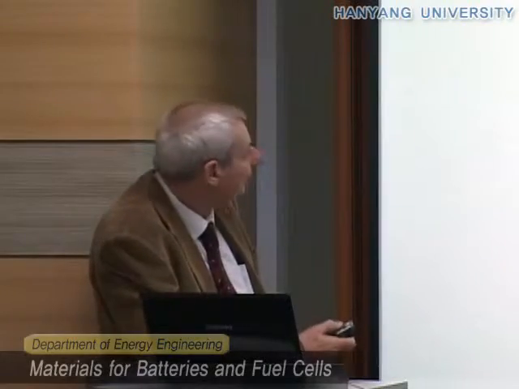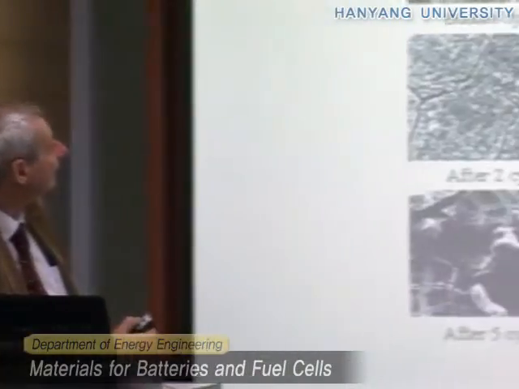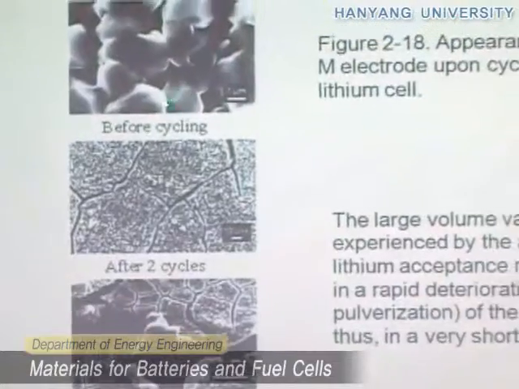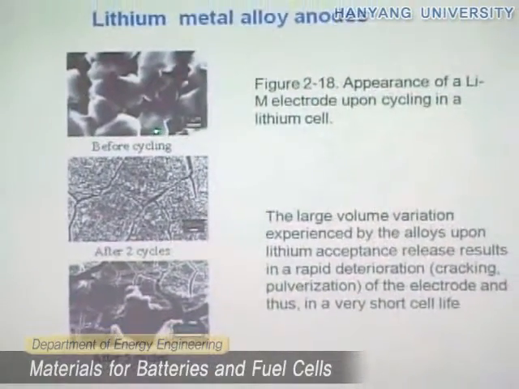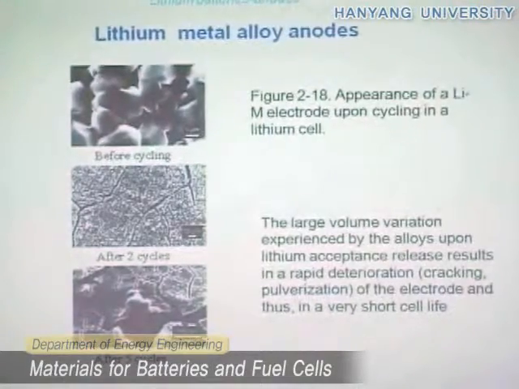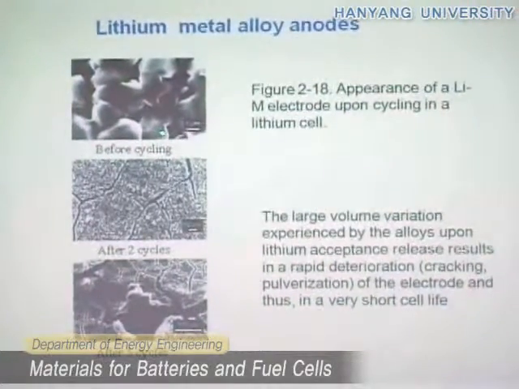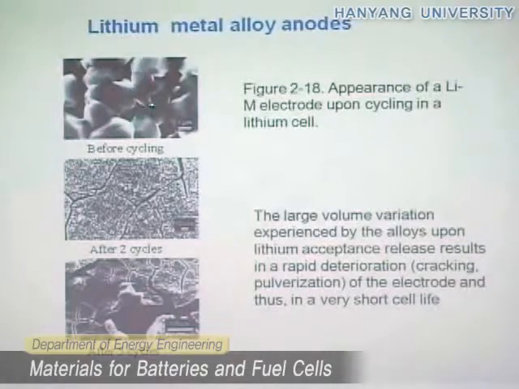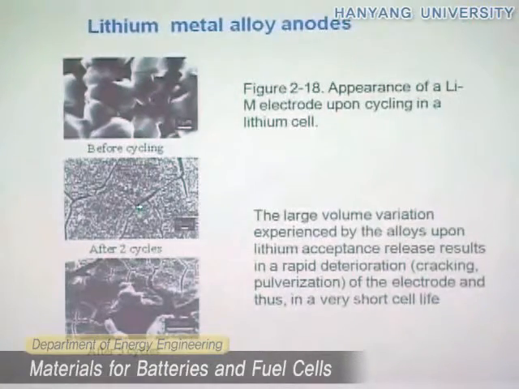You see some example here. This is maybe the structure of one of these, whether aluminum, silicon or tin, the problem is all the same. And you see that before cycling you have integrity of the particles, but even after 2 cycles you start to see some breaks here.